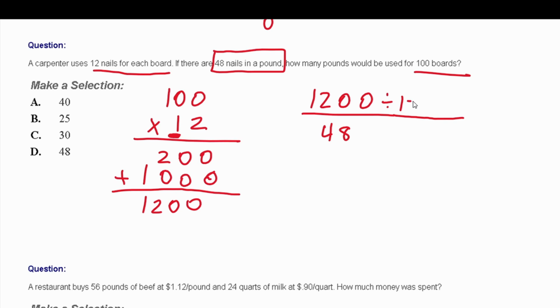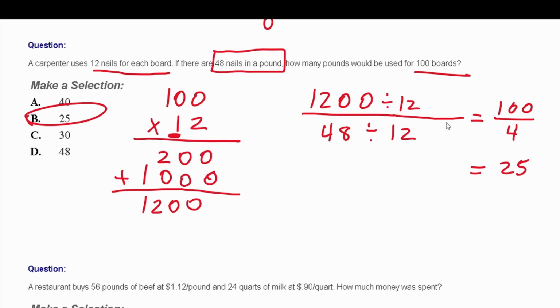So I'm going to divide the numerator, which is 1200, as well as the denominator, which is 48, by factors of 12, which is going to help me reduce this. 12 goes into 12 one time, and I'm just going to drag over those two zeros. 12 goes into 48 four times. Okay? Now the question's much simpler. 100 divided by 4 is 25. You should be able to do that in your head. Again, 25, 50, 75, 100. And just like that, we solve this one. Okay?